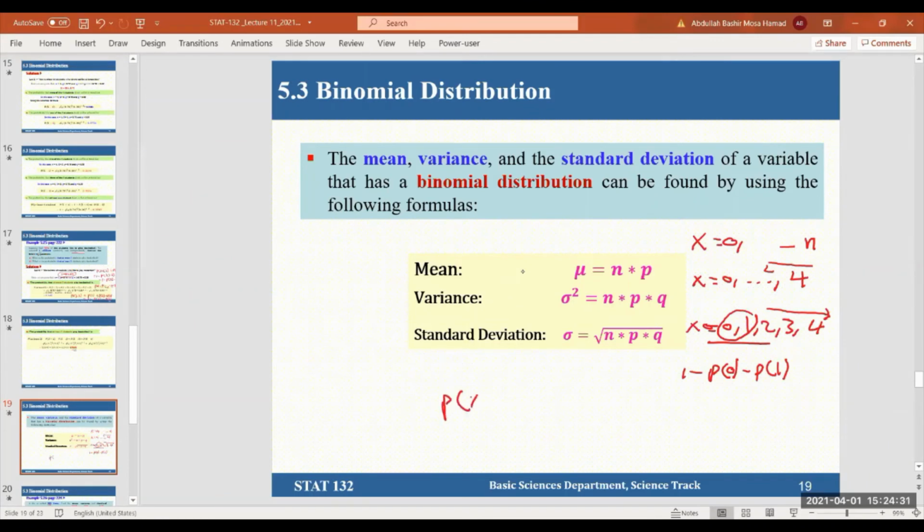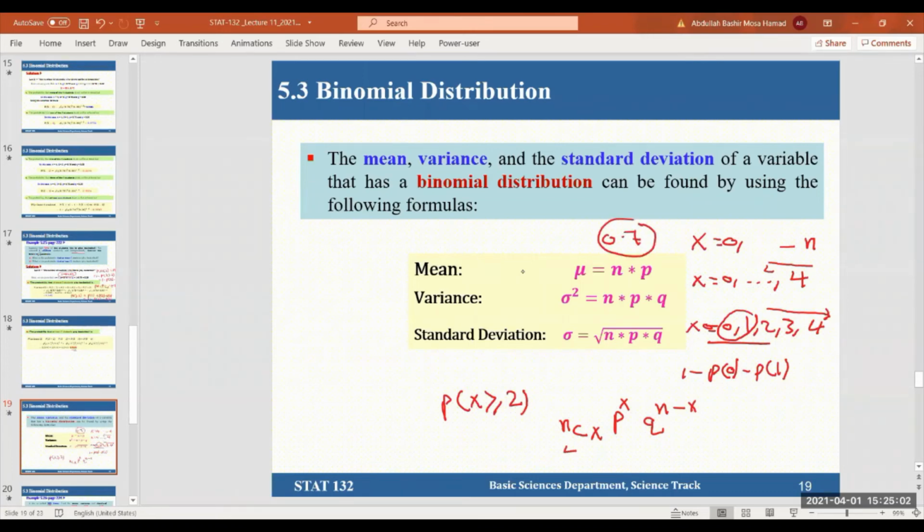P of x at most 2 means less than or equal to. Our function is like this: n combination x, p power x, q power n minus x. We already determined n equals 4 in our example, 4 students. P from our example equals 0.7.